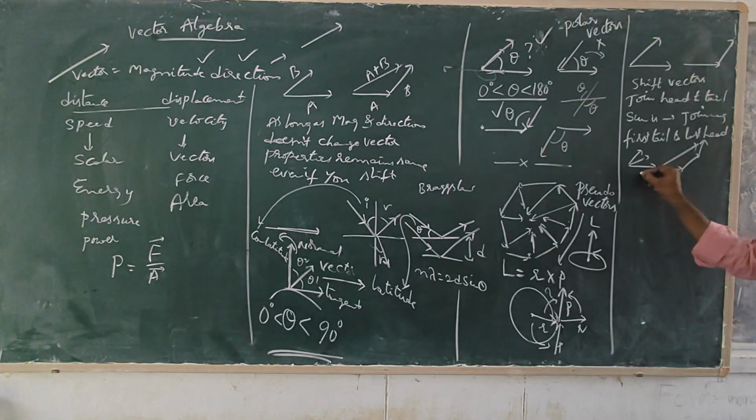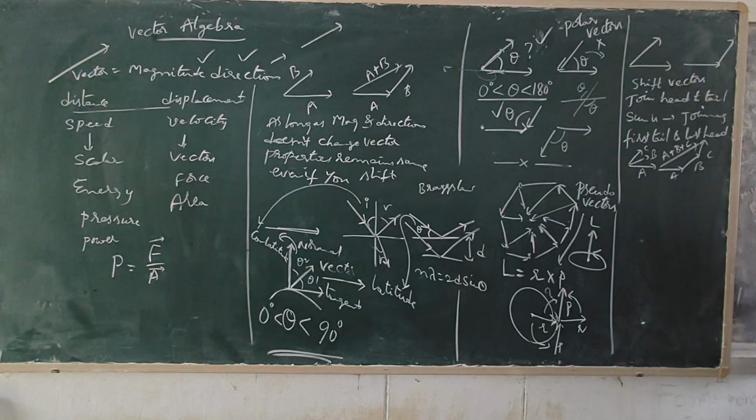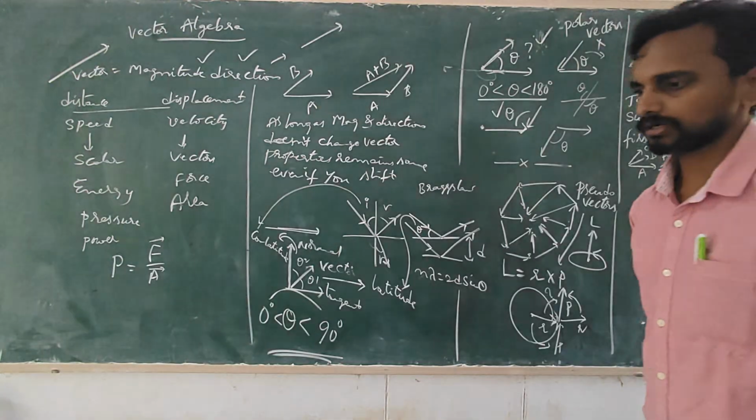So that is the result of addition of all the 3 vectors. Okay.